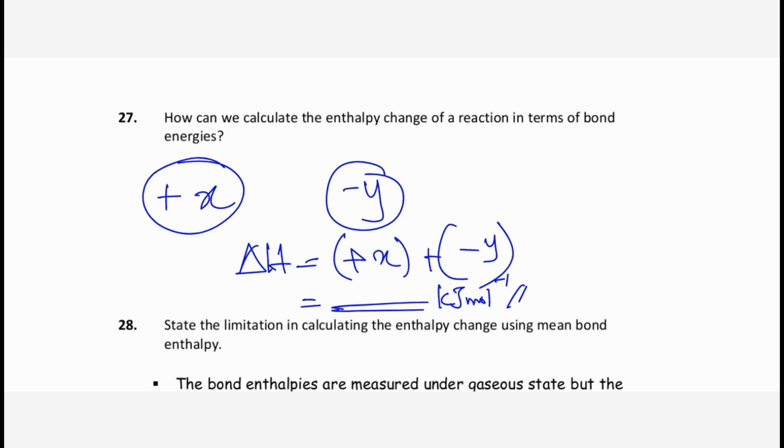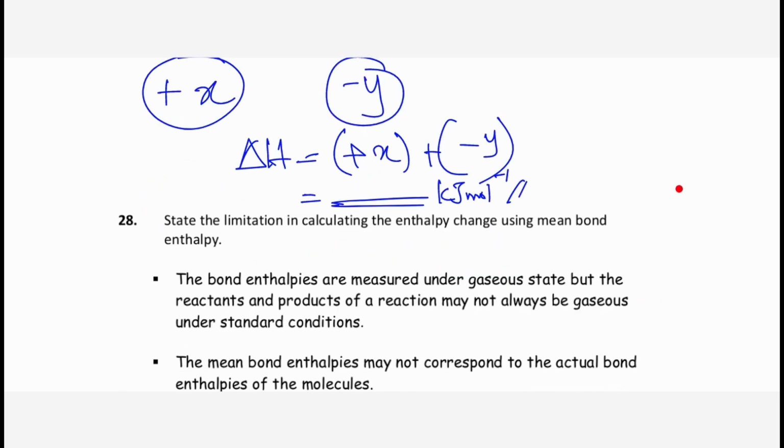So if the energy released when the bonds are made, the minus value, is greater, then the overall reaction becomes negative, exothermic. If the energy required to break the bonds, the plus value, is greater, the overall reaction becomes endothermic. This is how, when you know the average bond dissociation energies, you can add them and find the enthalpy change.